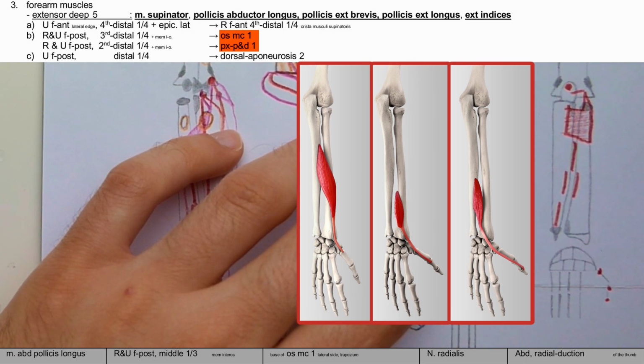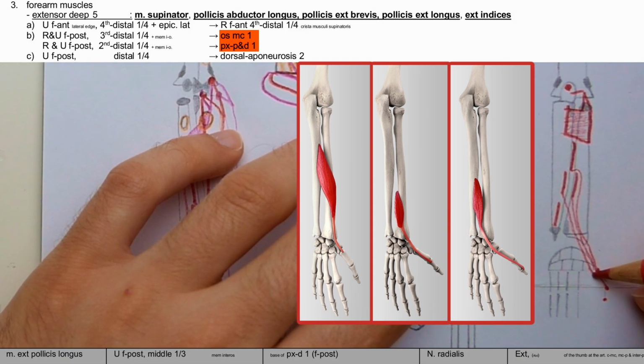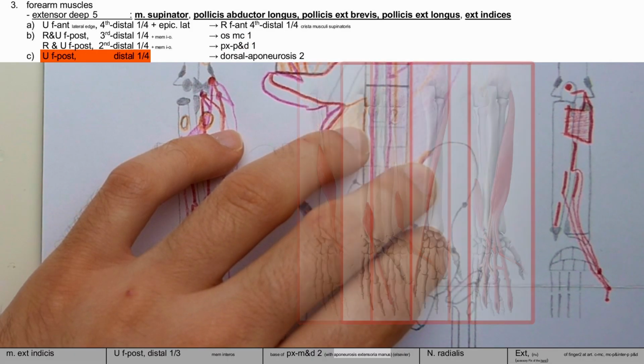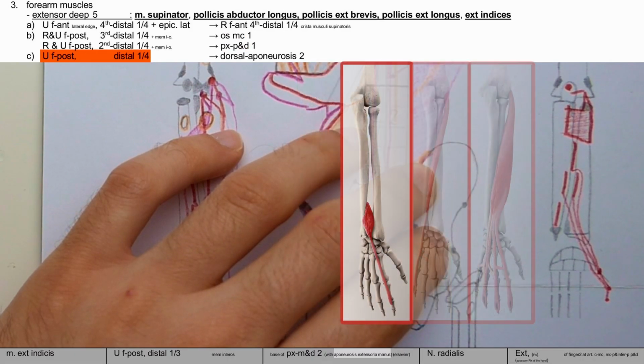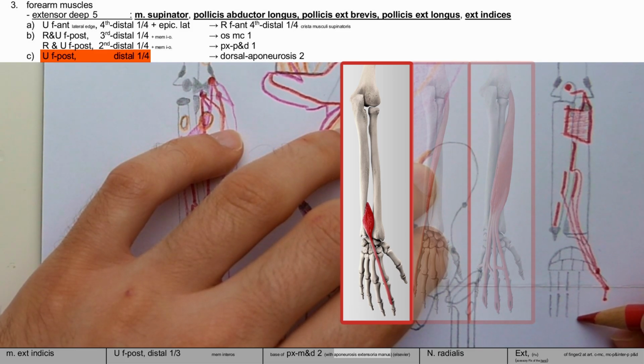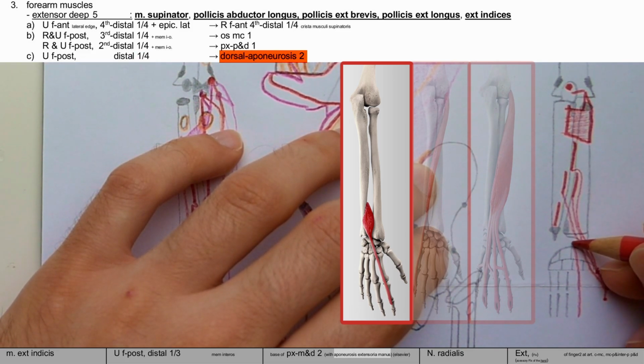Now we connect the origins and insertions of the abductor longus, extensor brevis, and extensor longus. Next, we have the musculus extensor indicis, which has a common trait with the upcoming superficial digital muscles, because of its insertion into the dorsal aponeurosis of the second finger.